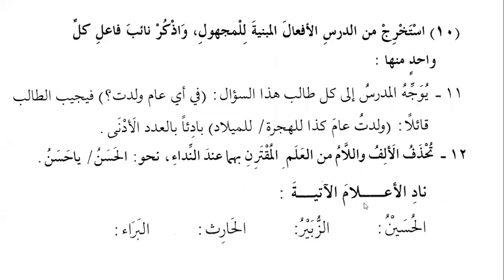Exercise number 10. استخرج من الدرس الأفعال المبنية للمجهول. Now we have to extract, استخرج on the pattern of استغفر. So من الدرس الأفعال المبنية للمجهول, the passive verbs from the lesson, واذكر نائب فاعل كل واحد منها, and then you have to mention the نائب الفاعل for each of the verbs.